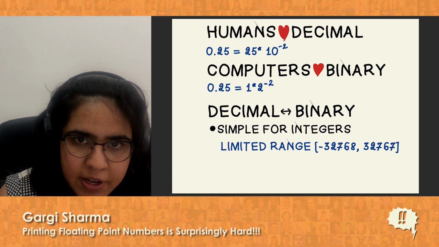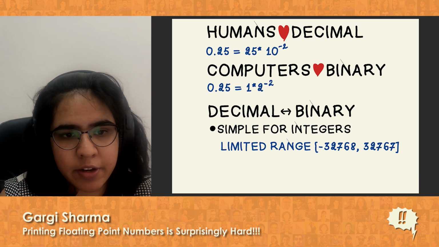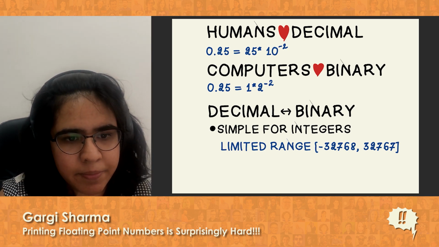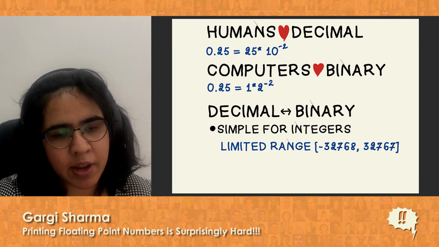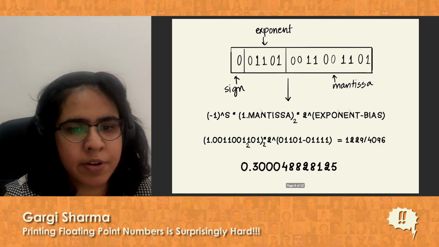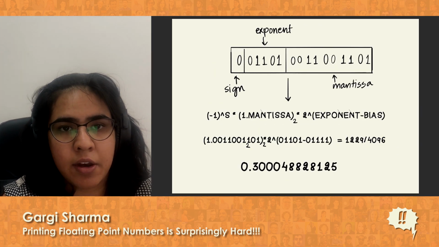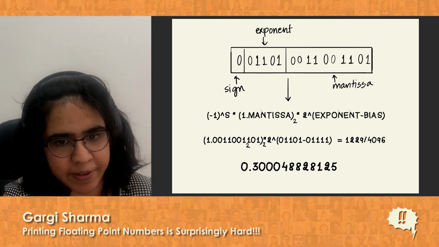let's say 0.3, according to the IEEE 754 floating point standard, you have a sign bit, and then some bits reserved for the exponent and some for the mantissa, and you have a representation for 0.3 in that.